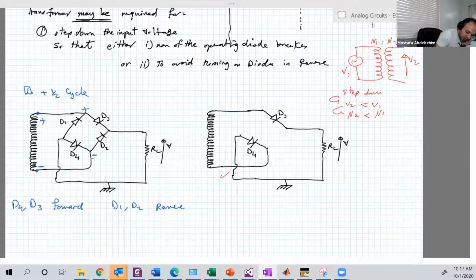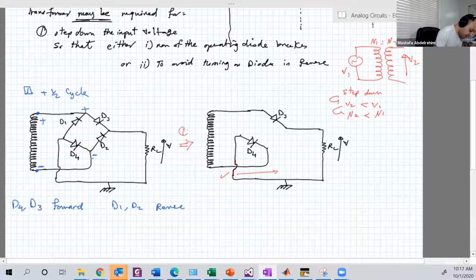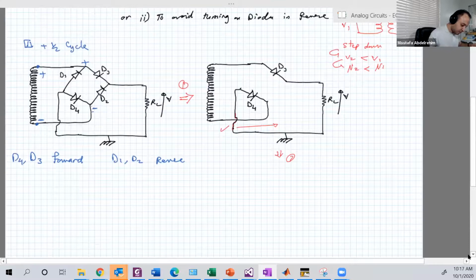Just imagine this is a real circuit, and I will take this wire here and move it in that way. So this is number one, number two here. So let's do that.